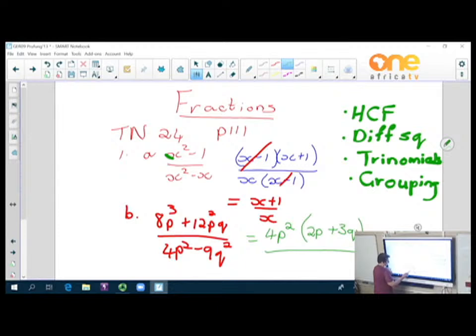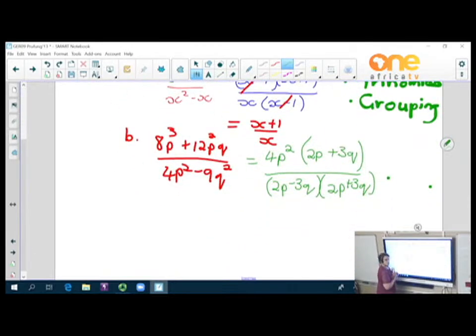Over here, this is the difference between squares. This is all square numbers. So it will be 2p minus 3q multiplied by 2p plus 3q. To be able to do the sums, we must still be able to factorize. Now this 2p plus 3q can cancel out, and the answer is 4p squared over 2p minus 3q.